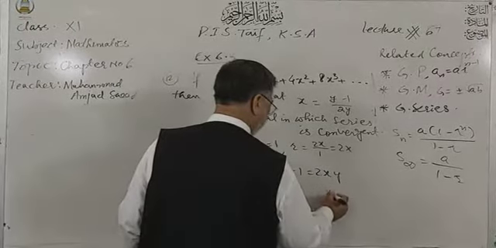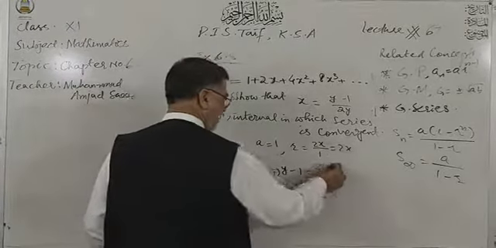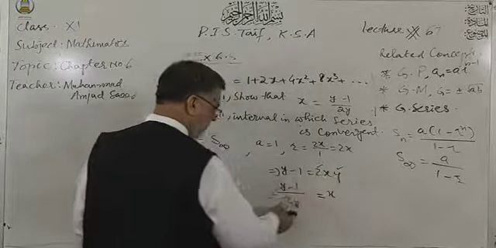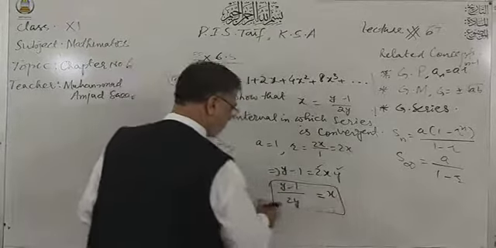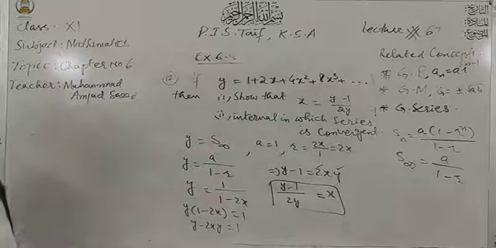And then x is equal to y minus 1 over 2y. So 2y is shifted to the left hand side. So dear students, that was your part number 1.